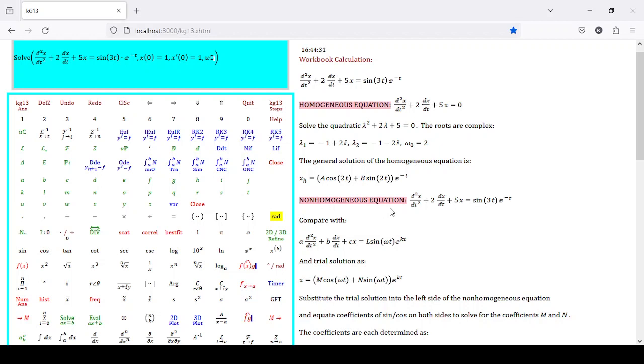Now for the non-homogeneous equation, where the right side is sine 3t e to the minus t, we compare this particular problem of ours with this general form here. Let us compare the parameters. The a, the coefficient of the second derivative, is 1 in our case. The b, the coefficient of the first derivative, is 2. The c, the coefficient of x, is 5.